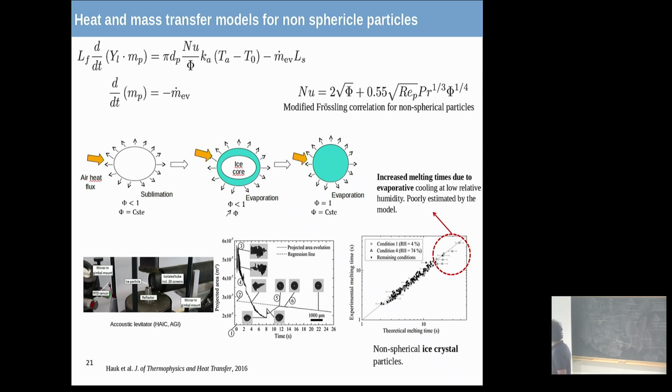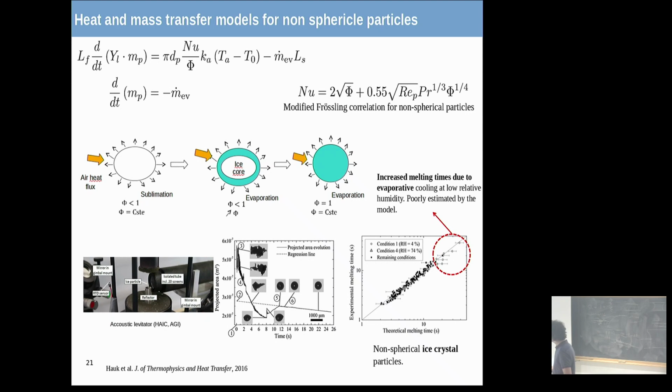To test the model, we used an acoustic levitator that has been built by Airbus Group Innovation in Germany. So you have an acoustic levitator which allows a particle to levitate. They place it in a heated environment, and they control humidity from 4% to 80% to manage this wet bulb temperature and to manage, say, the evaporative cooling.